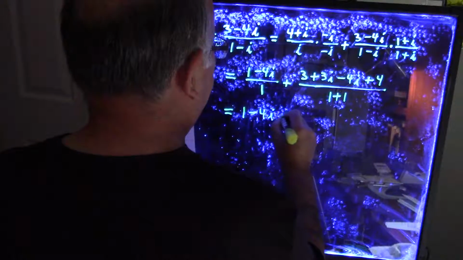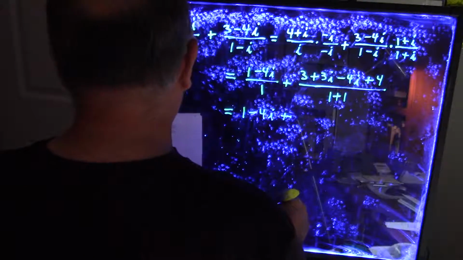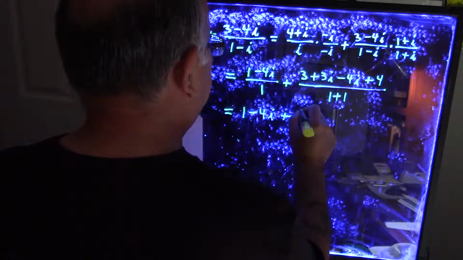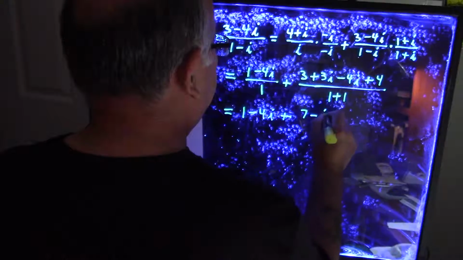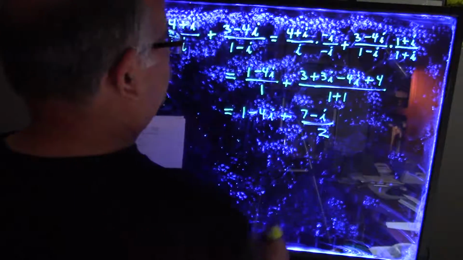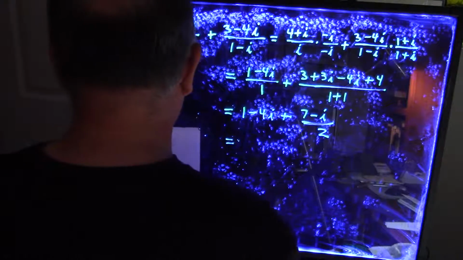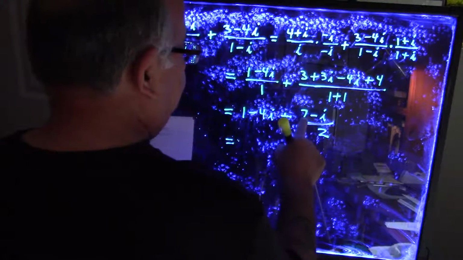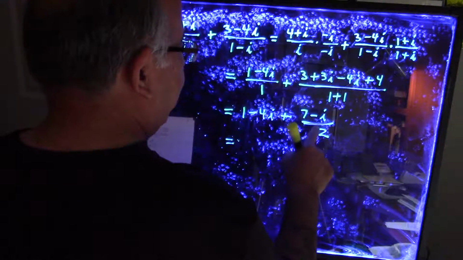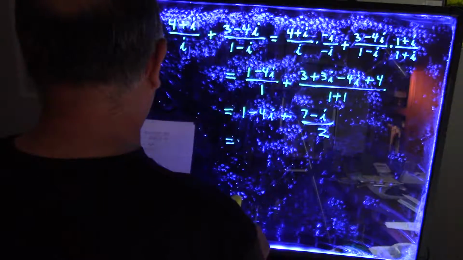And then this simplifies to (7 minus i) over 2. So you can write this as 7 halves minus 1 half i. Okay, 7 halves minus 1 half i.